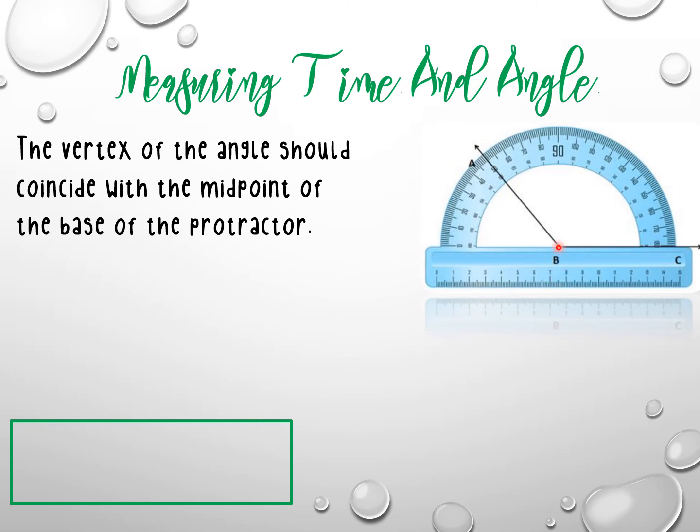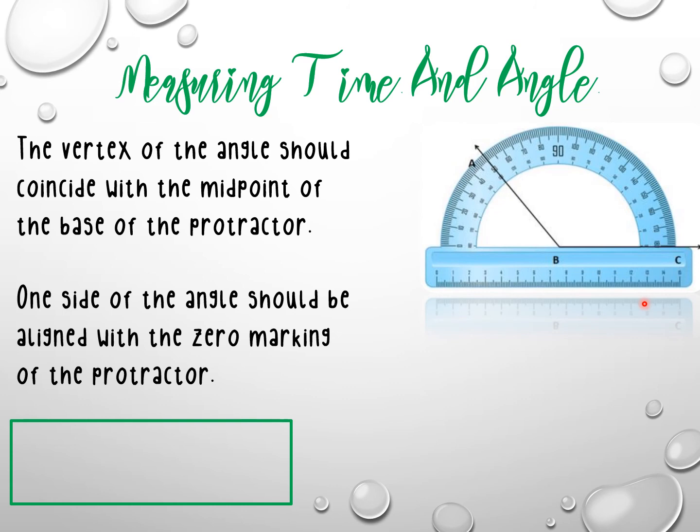Nagko-coincide ba ang vertex ng angle doon sa base ng protractor, sa midpoint ng base? Yes, of course. So, para masukat natin siya ng accurate, kailangan mag-coincide ang midpoint of the base ng protractor dun sa vertex. Alright? So, what do you think is the measure of the angle here?